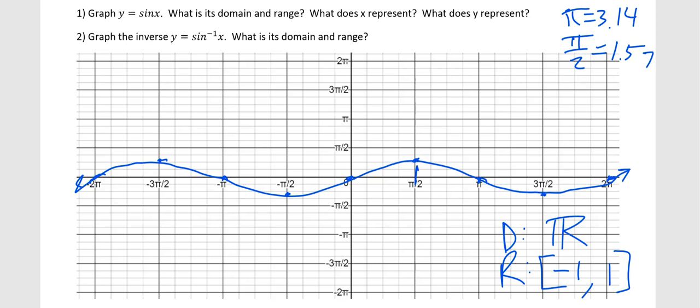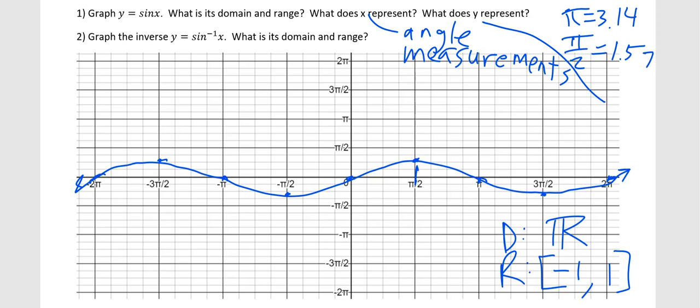All right, what does x represent in this particular equation? What are the values that you see on the x-axis? What are they? Okay, they go with the unit circle because they are angle measurements. So what does y represent? What is the sine of an angle?